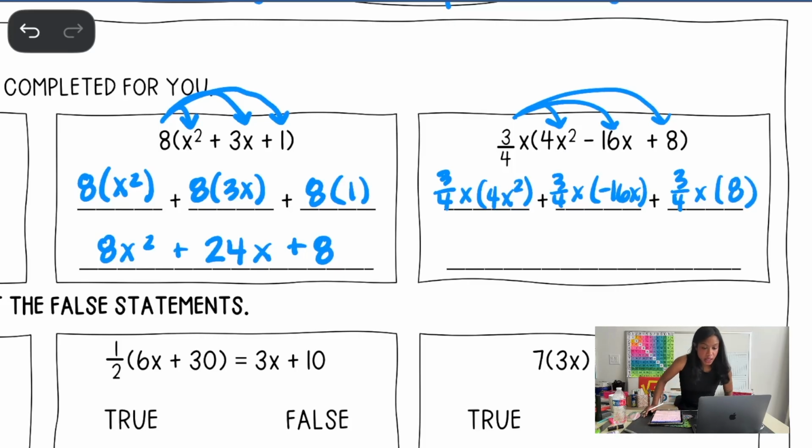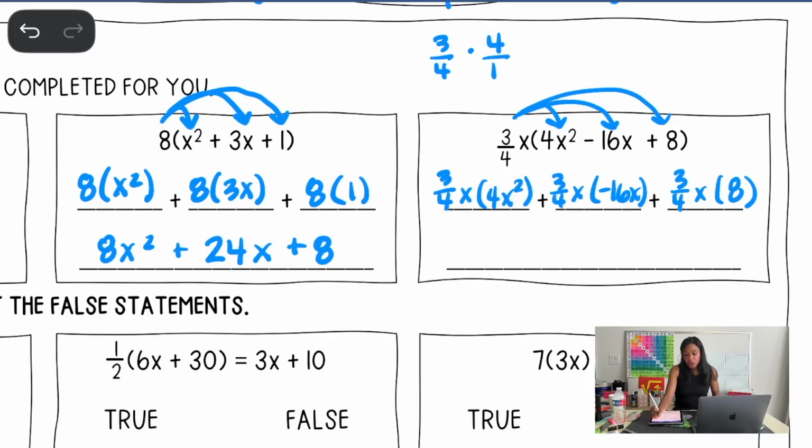Now, lucky for us, all of the coefficients in our second factor can be divided by 4. That makes it easy when this is also being divided by 4. I'm going to show you the multiplication just to show you how it works out. We have 3/4 times 4 over 1.